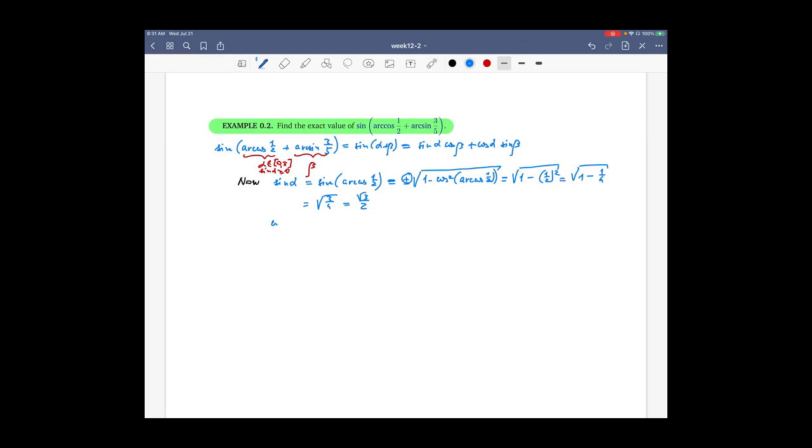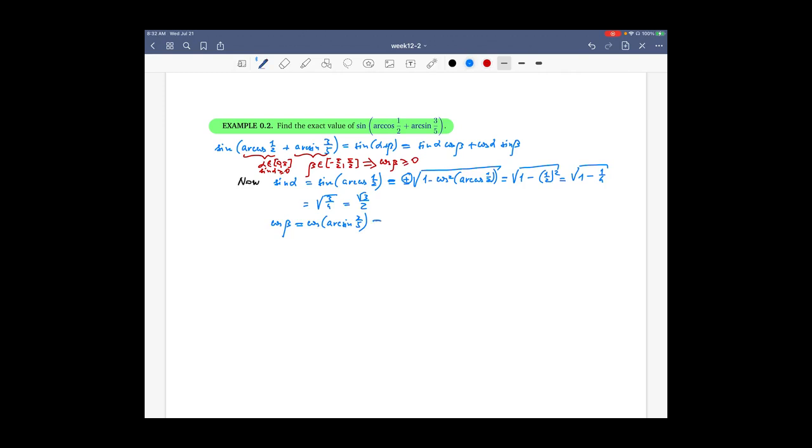Now, cosine beta is cosine of arc sine of 3/5. And arc sine of 3/5, which we call beta, by definition of arc sine, belongs to the interval negative pi over 2 to pi over 2, and therefore this is quadrant 1 or quadrant 4, and cosine there is non-negative.